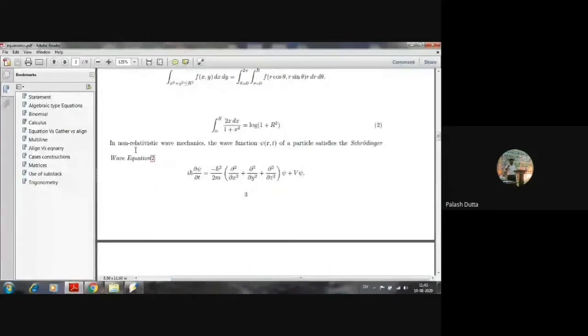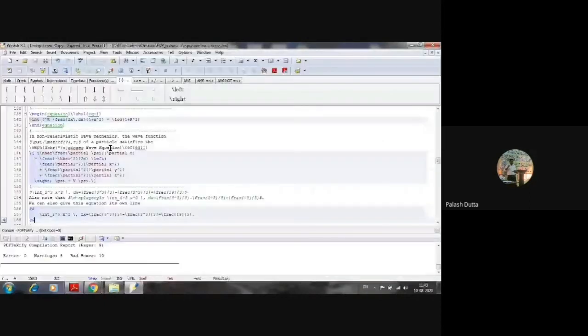In non-relativistic wave mechanics, the wave function of a particle of mass m satisfies the Schrodinger wave equation, right? Here we have written the statement. To write the name, we use this code.